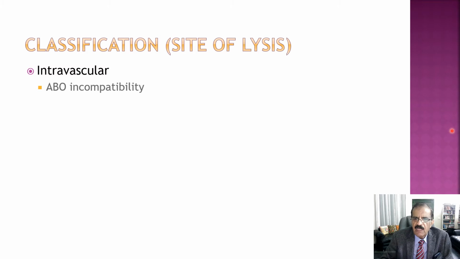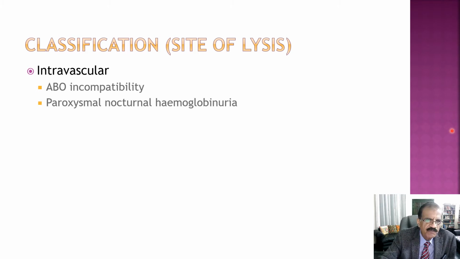This should not actually happen these days, but if somebody is transfused with incompatible blood of a different blood group, there may be actual hemolysis within the blood vessels, with immediate rupture of cells, and that produces a classical clinical syndrome.